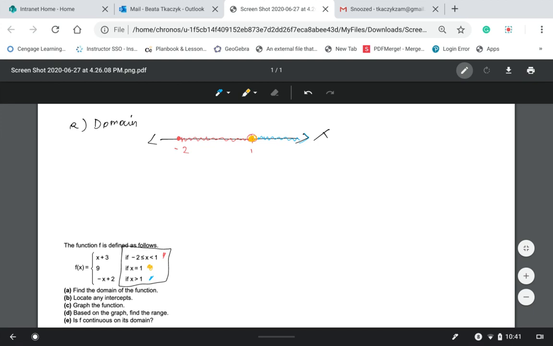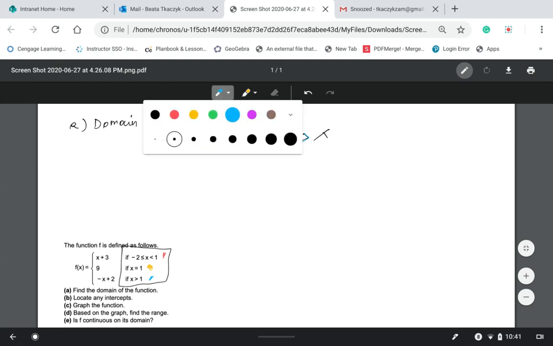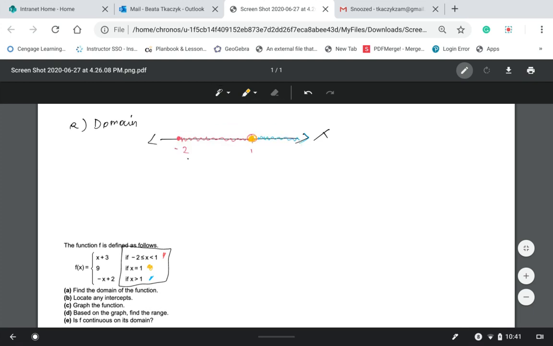So the domain of this piecewise defined function is everything that we shaded. So the answer for the domain is from -2 to positive infinity.